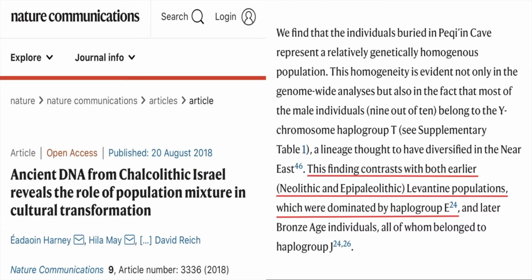And this paper is called Ancient DNA from Chalcolithic Israel Reveals the Role of Population Mixture in Cultural Transformation. And it says, this finding contrasts with both earlier Neolithic and Epipaleolithic Levantine populations, which were dominated by haplogroup E. So the Levant was dominated by haplogroup E in the Neolithic and the Epipaleolithic, when the city of Ur would have been built.